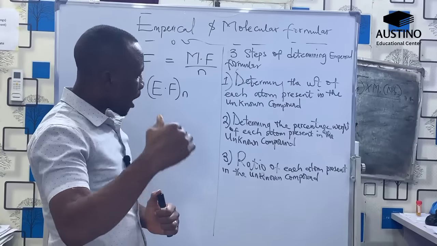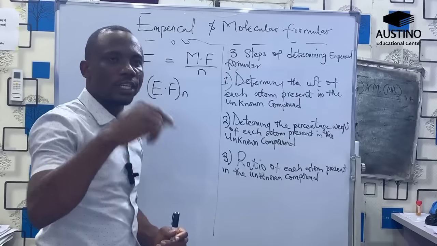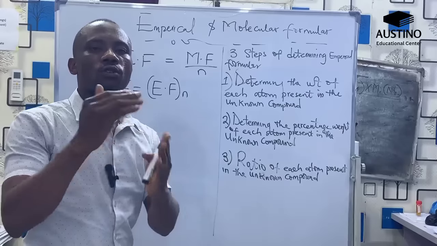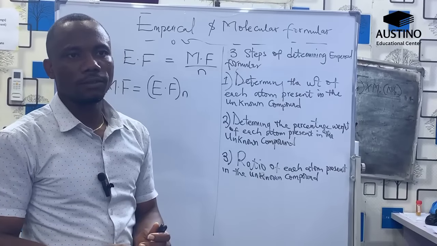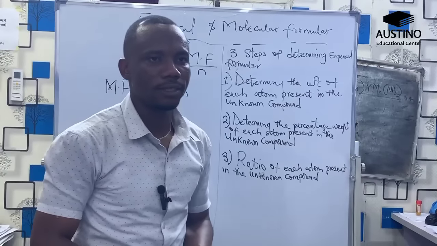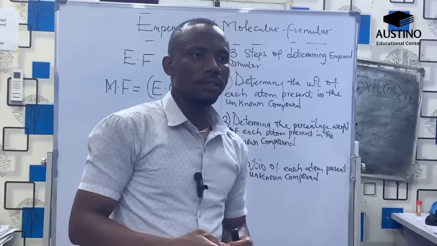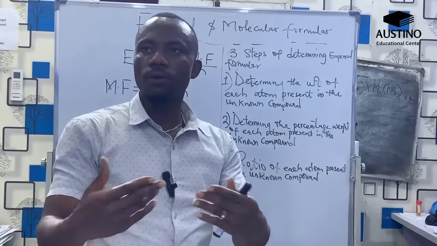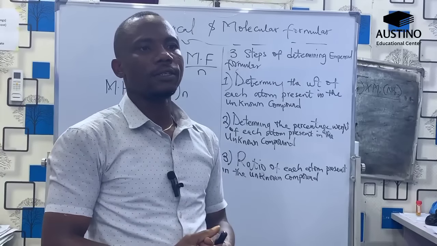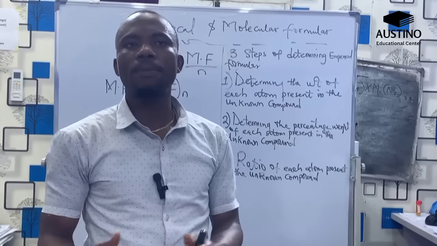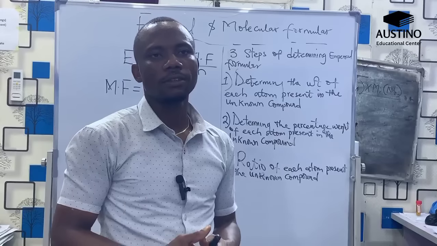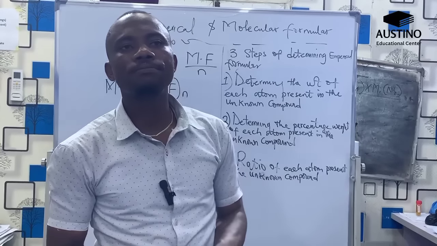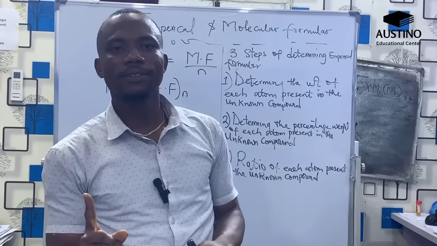You have to listen attentively, because in the ratio there are rules to abide by. You need to get whole numbers, because sometimes the numbers may appear as fractions, and then you need to round them up or round them down.